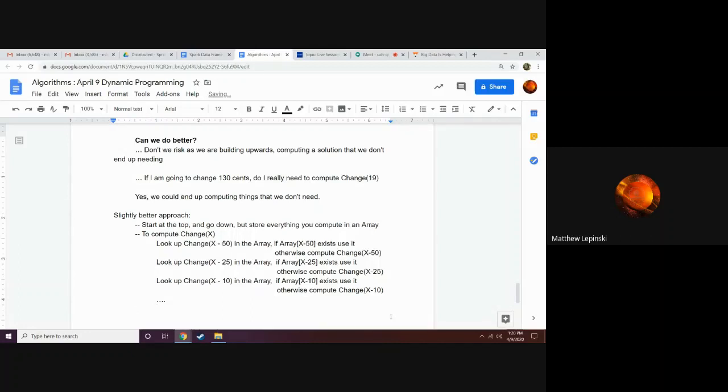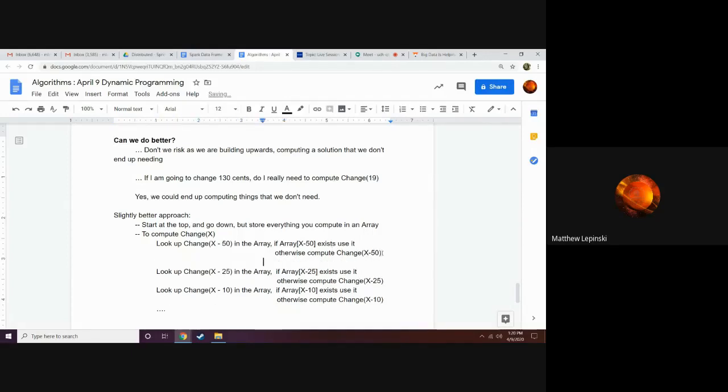So the reason the recursive approach is bad is that you might end up computing a value over and over and over again, which is slow. And so the idea here is to compute change minus 50 and store it in array x minus 50.